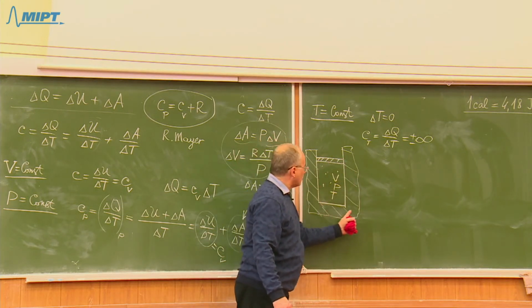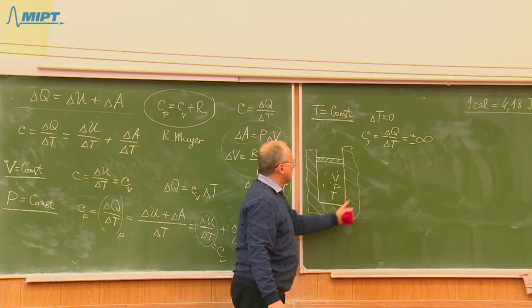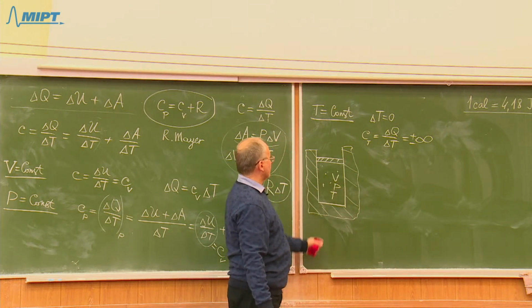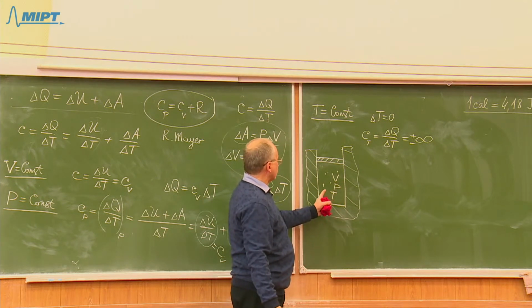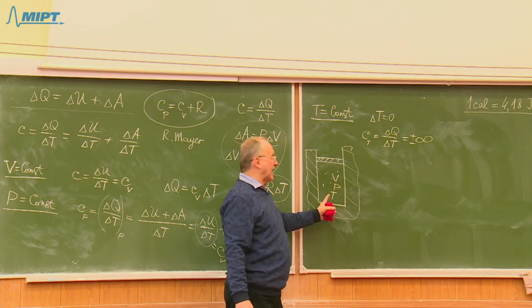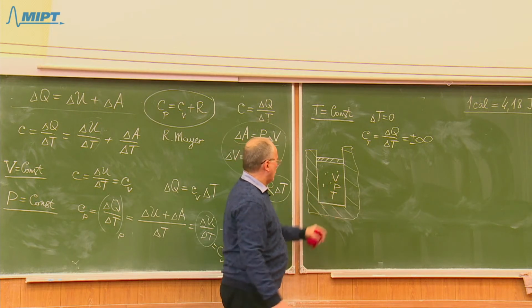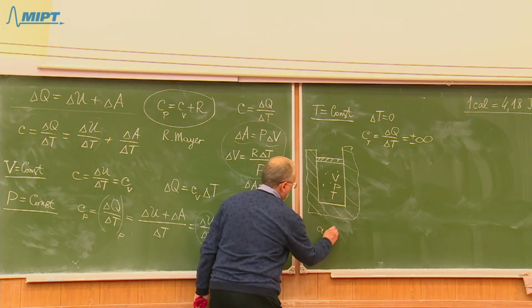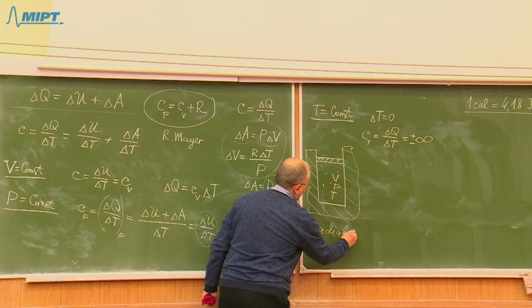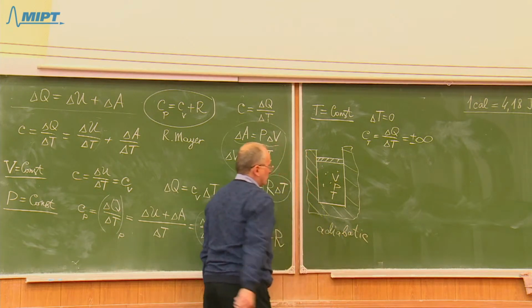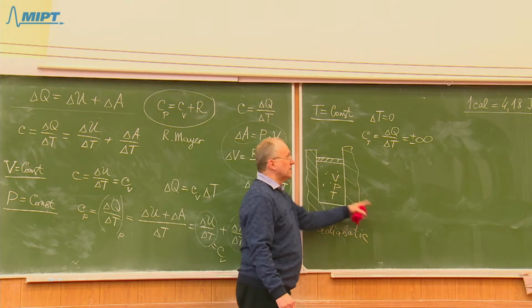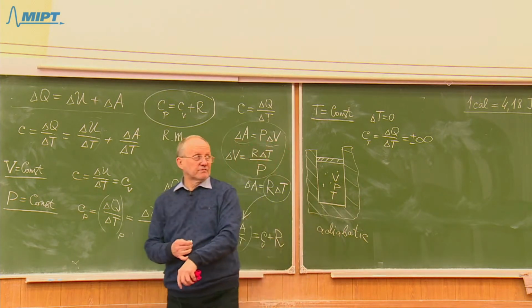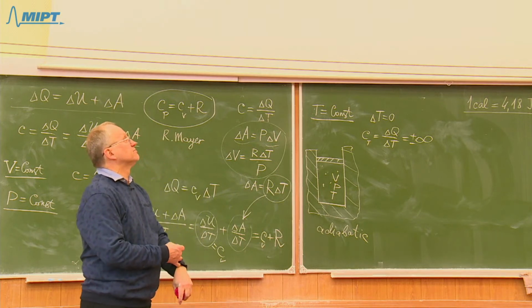Such a cylinder, such a vessel is called an adiabatic vessel. And the gas in such a vessel is in adiabatic conditions. Adiabatic process means that there is no heat exchange with the surrounding bodies. No heat exchange.